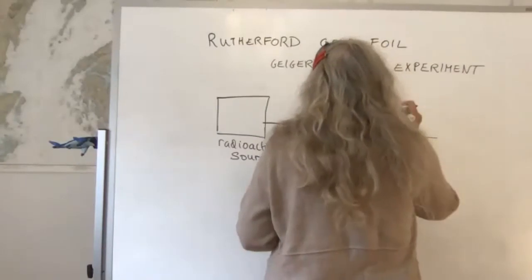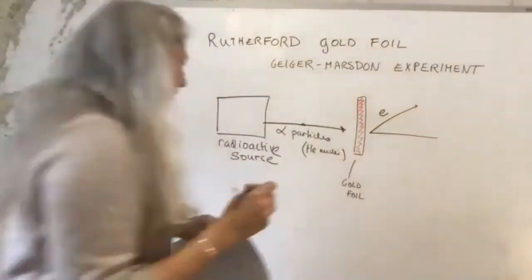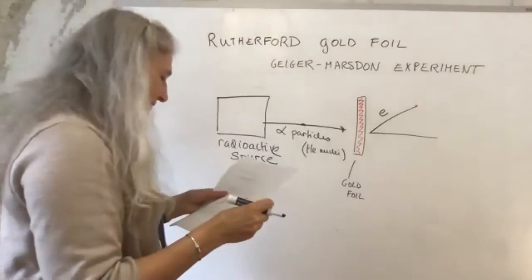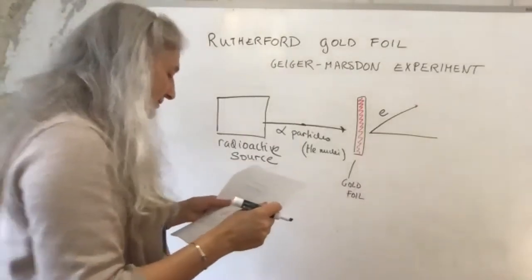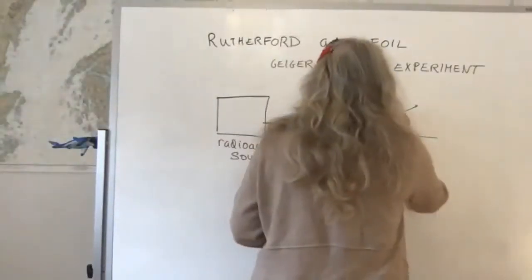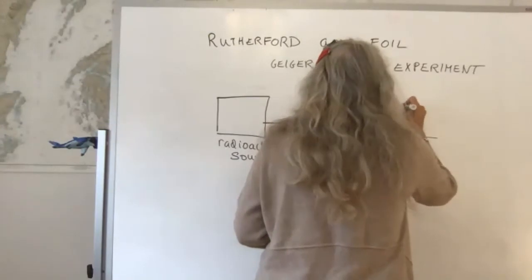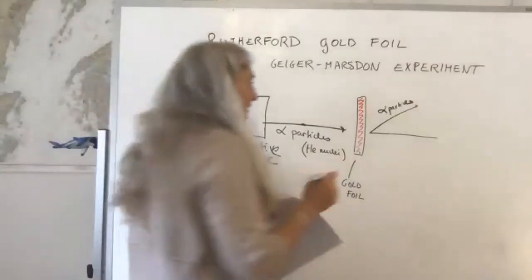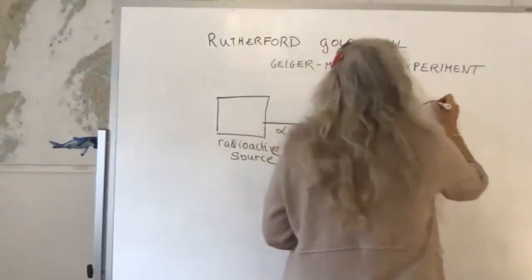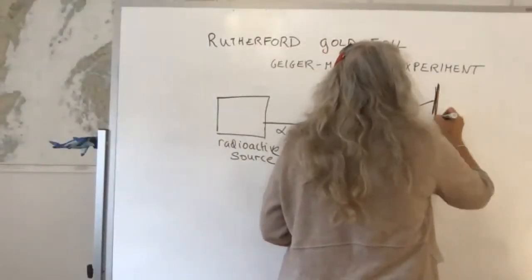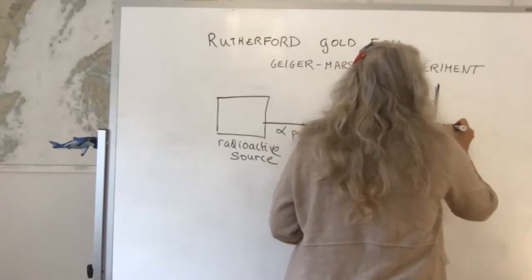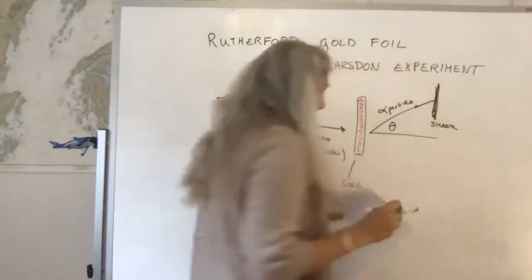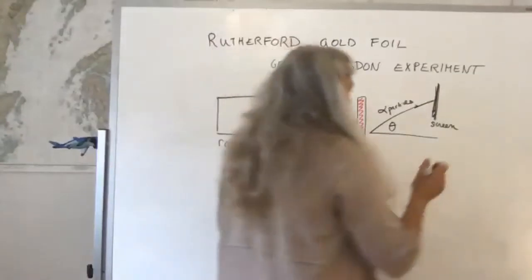And then what comes out are the alpha particles, not electrons. The alpha particles come out, and then they hit a screen.